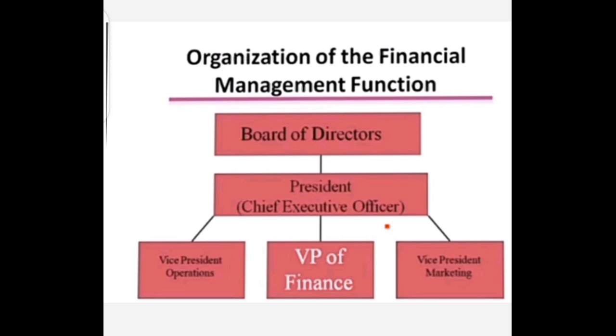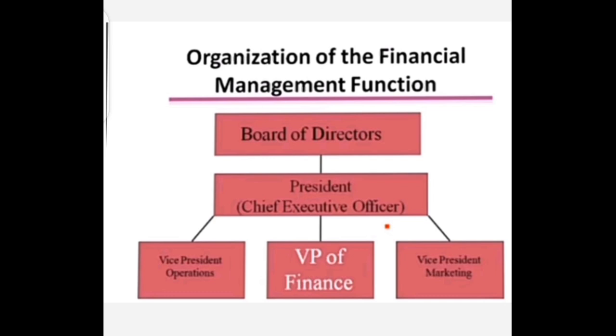There are annual general meetings, where the primary shareholders cast their votes in order to elect the board. Then under that we have the vice president of operations, vice president of finance, and vice president of marketing. The president can be the chief executive officer, CEO, or the board may hire someone from outside the organization. The board of directors are the ultimate owners of the company.